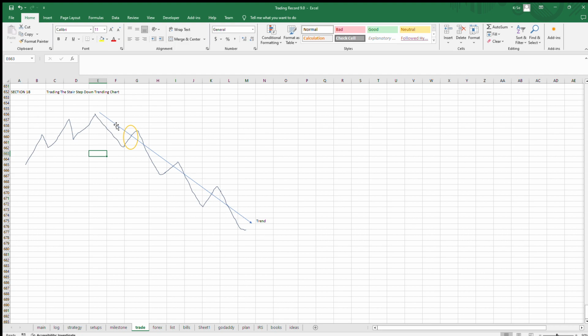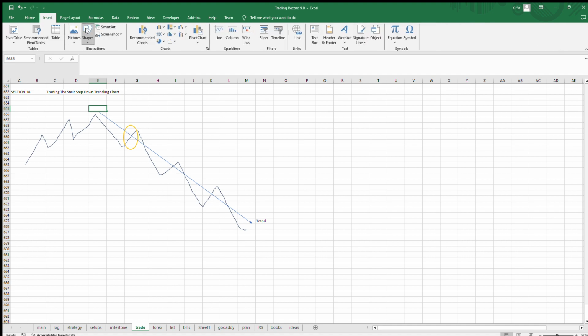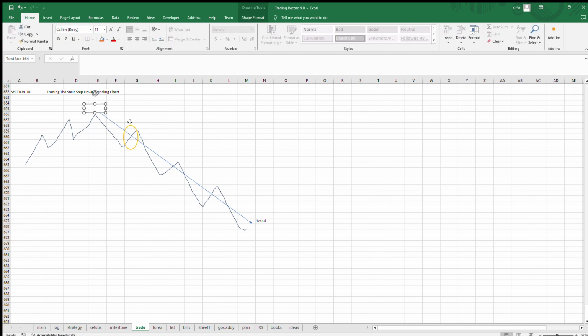So that would be the point where the market performed a major trend reversal right here. I would say that is a major trend reversal right here. MTR, major trend reversal, okay?